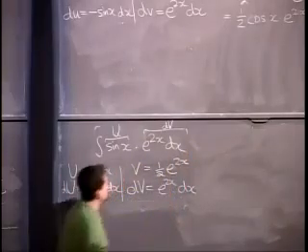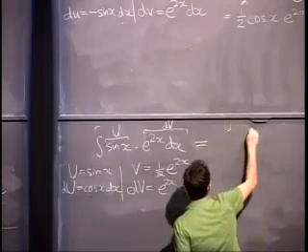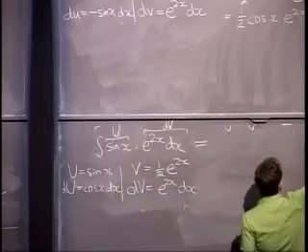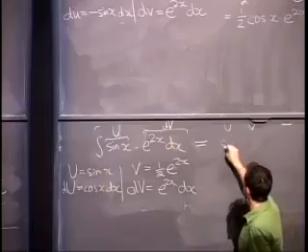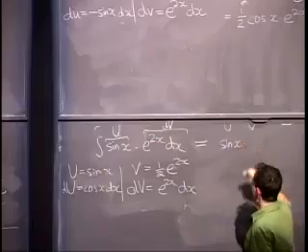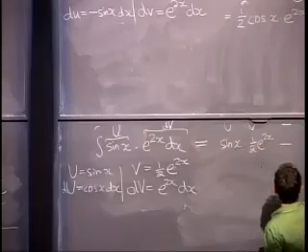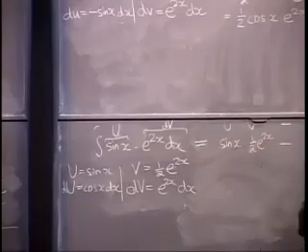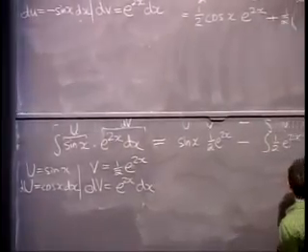All right, this is almost the same as what we did before. We've just got some minus things in different positions. Let's see what we get. Same formula for integration by parts. U is sine x, V is 1/2 e to the 2x, minus integral of V, 1/2 e to the 2x, dU cosine x dx.